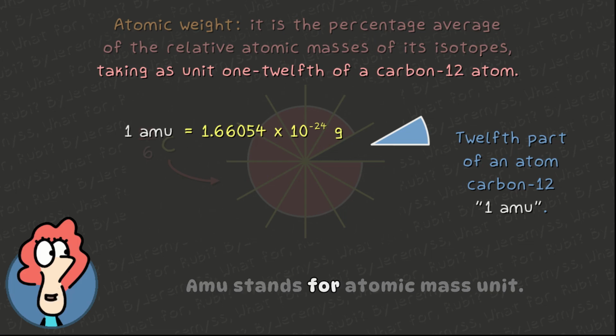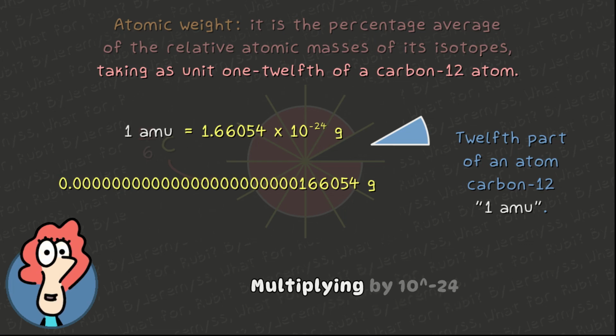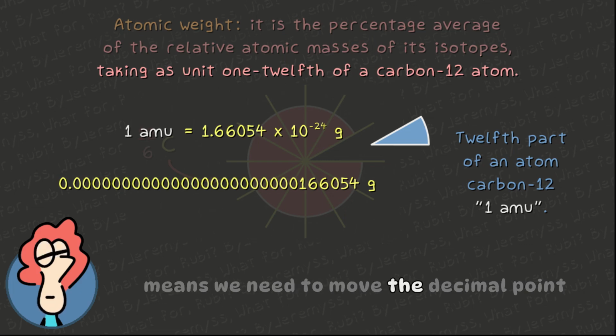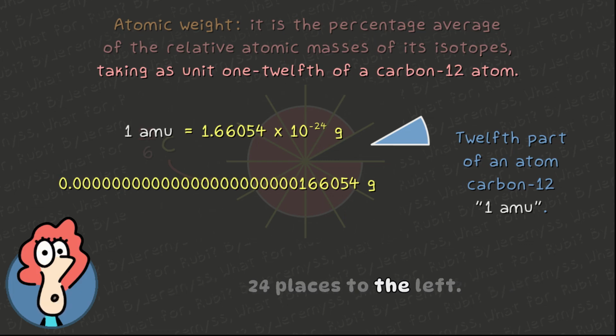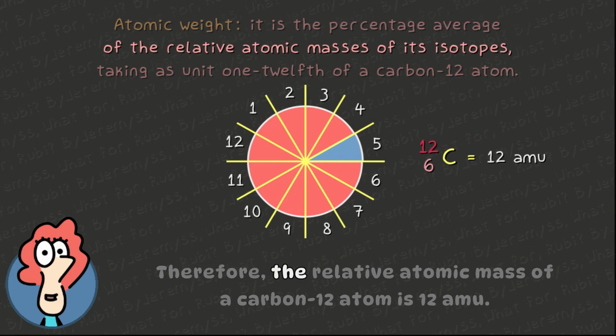AMU stands for atomic mass unit. This number is the same as the number we see on the screen. Multiplying by 10 to the power of -24 means we need to move the decimal point 24 places to the left. So, a carbon-12 atom has 12 atomic mass units. Therefore, the relative atomic mass of a carbon-12 atom is 12 AMU.